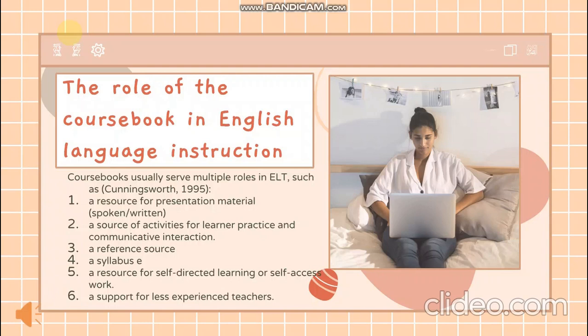And the last is as a support for less experienced teachers.